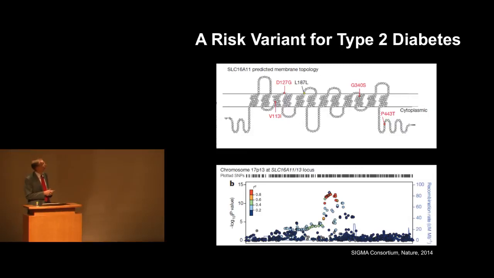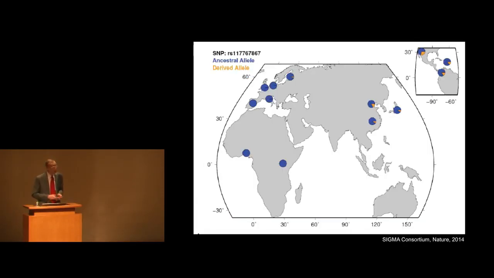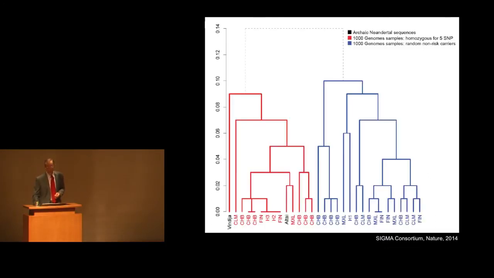And quite interestingly, last year one found a risk variant of a gene, a lipid transporter, and this risk variant confers risk for type 2 diabetes, so the type of diabetes you get at old age. And this risk variant is particularly common in Asia and in Native Americans. And it turns out to come over to present-day people from Neanderthals.